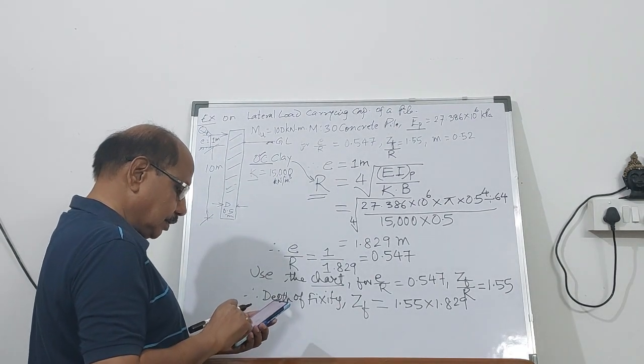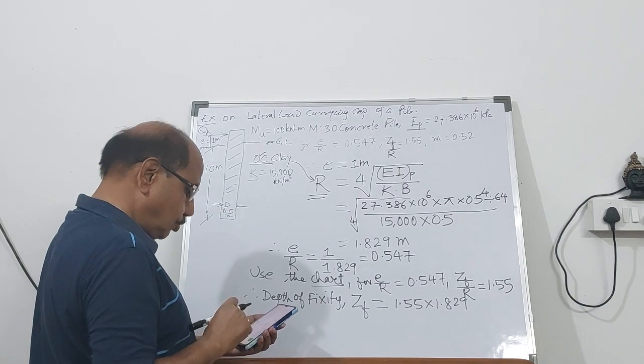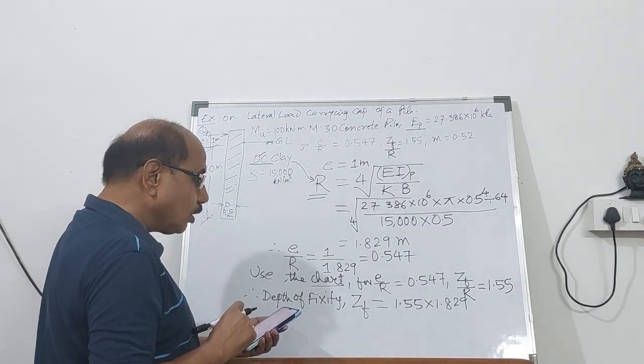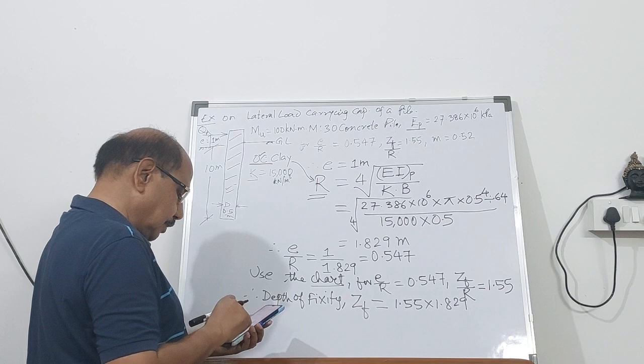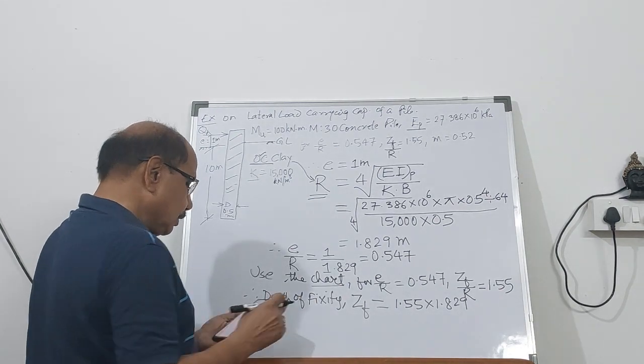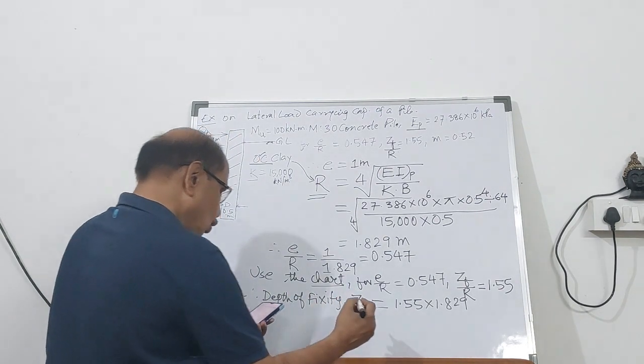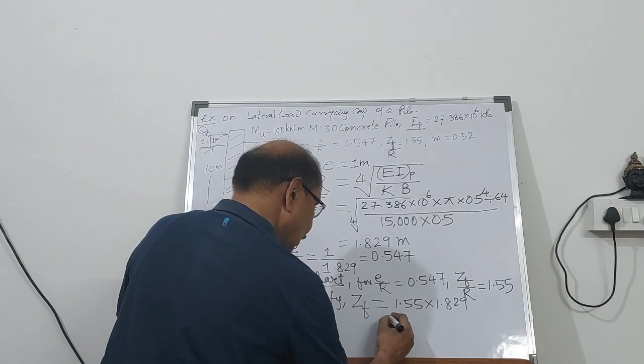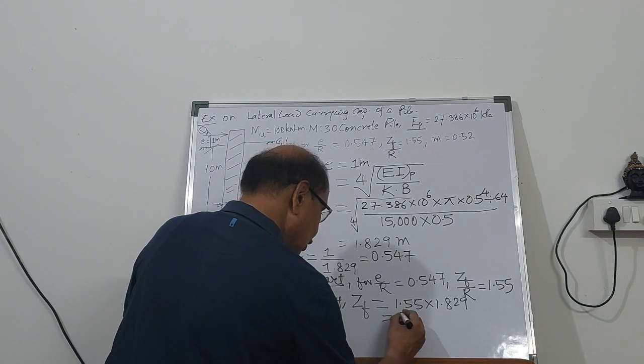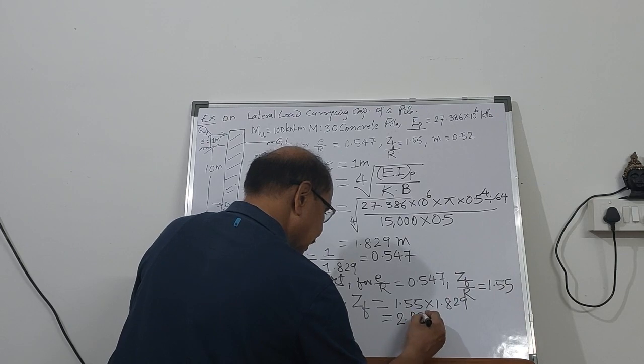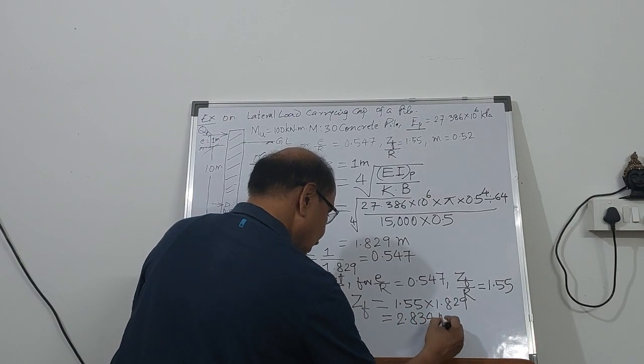So the depth of fixity you can calculate: 1.55 into 1.829. This is equal to 2.834 meter.